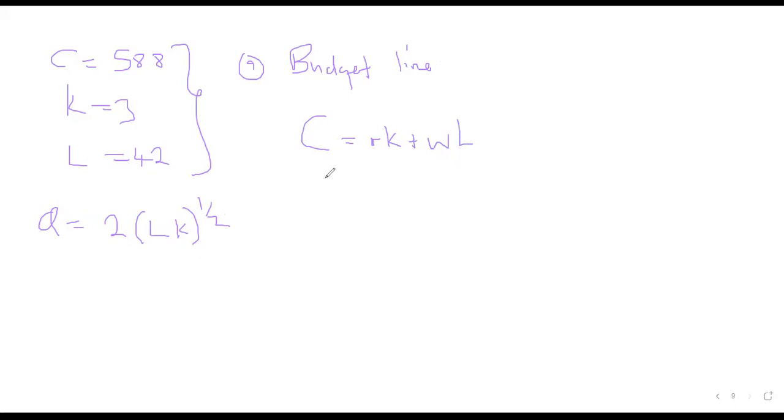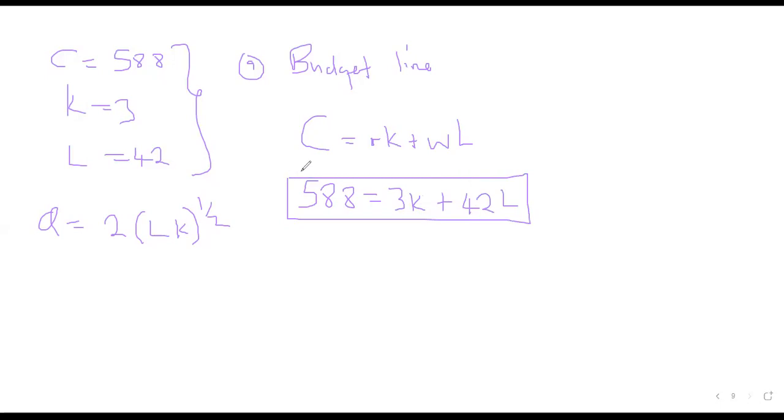For labor. So what is our cost? 588. Then the rent is 3K, and the wages are 42L. So this is our budget line, all together.